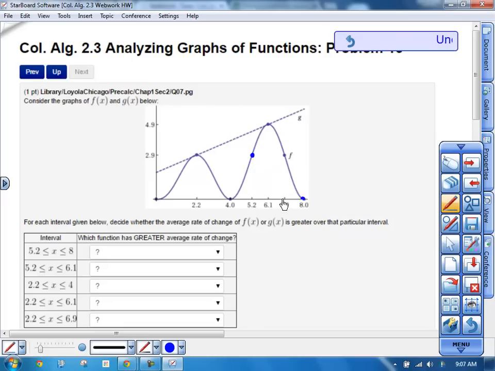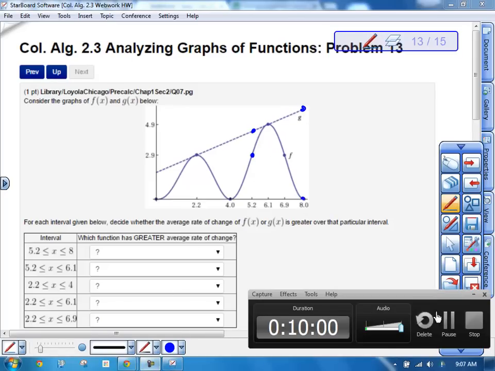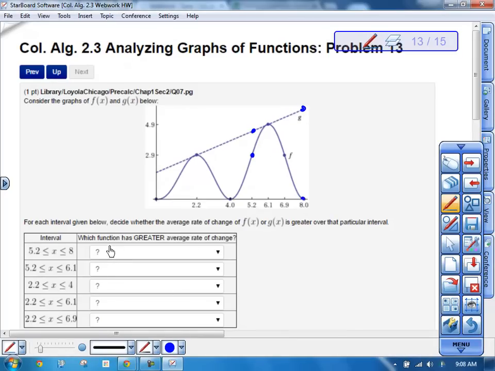And then for g, it'd be here to here, which is positive. So obviously the average rate of change is greater for g than it is for f. So for the first one, g is greater here.